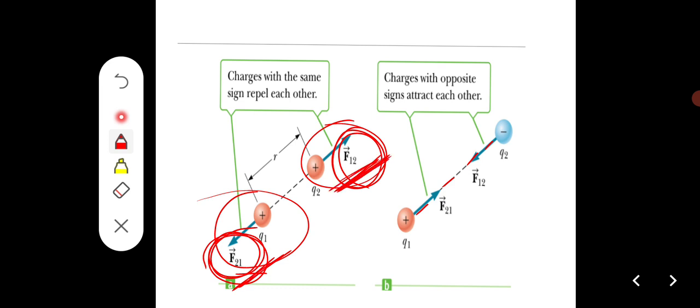The only difference will be the signs, because one force will be in the negative direction and the other in the positive direction. Electric charges also use Newton's third law of motion, which states that for every action there is an equal and opposite reaction. So the forces will be equal but in different directions, no matter the size of the charges.